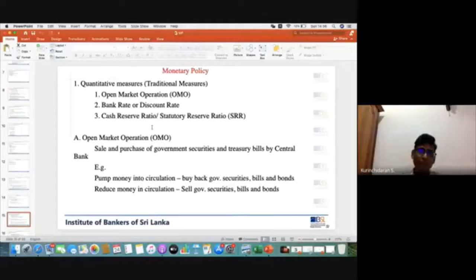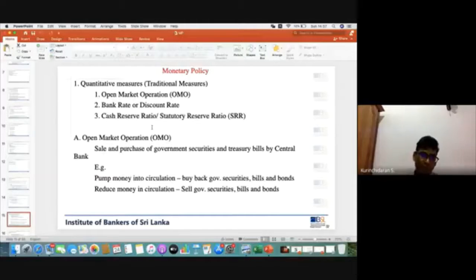So one of these categories, the conduct of monetary policy, is used to stimulate the economy. Similarly, after this COVID-19 pandemic, economies are facing a lot of challenges, so most central banks are taking several measures to overcome this economic stagnation.